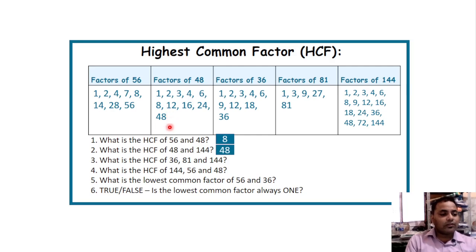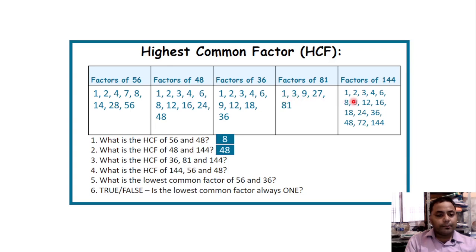Now here, what is the highest common factor of 36, 81 and 144? Now in 36, 81, 144, here you can see the common factors are 9, 9 and 9.